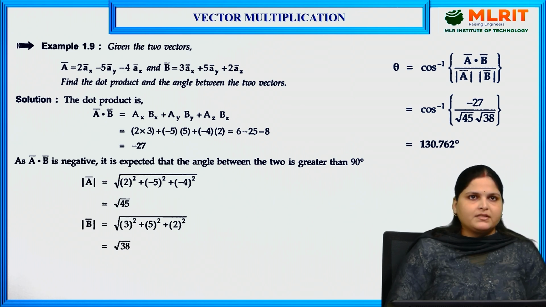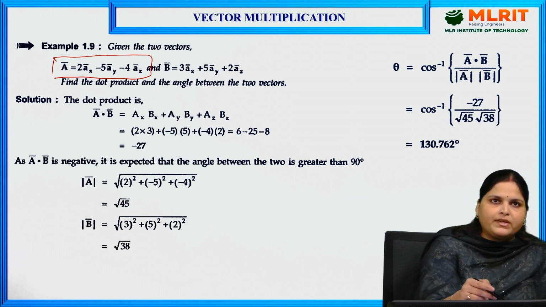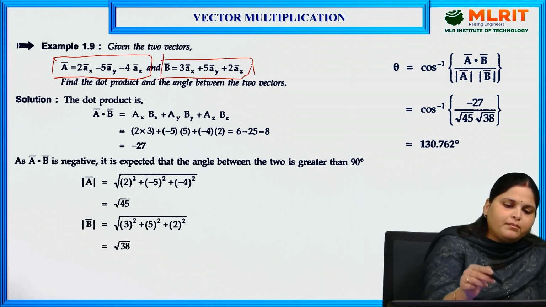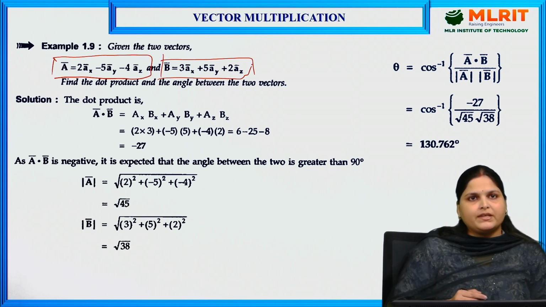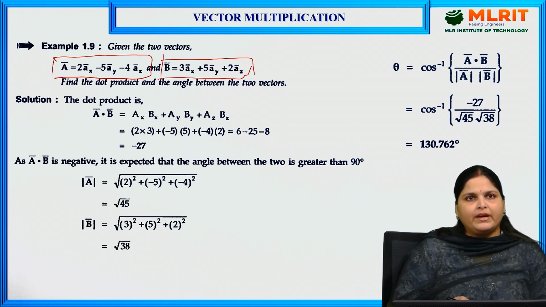Two vectors are given. A = 2ax - 5ay - 4az, and B = 3ax + 5ay + 2az. We have to find their dot product, and then we need to find the angle between these two vectors.